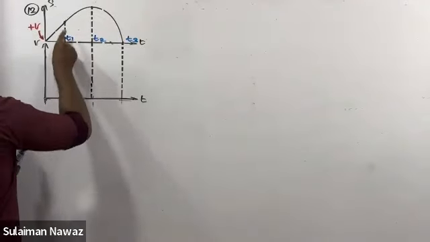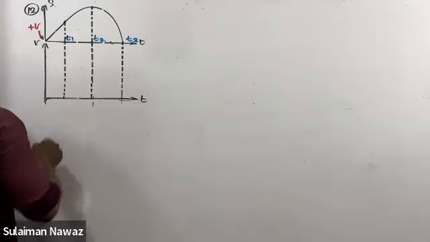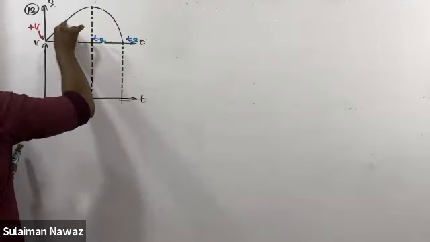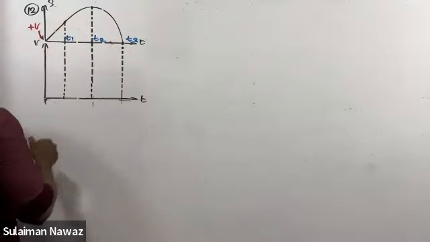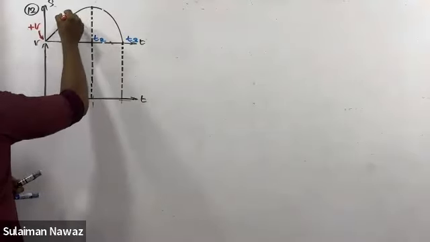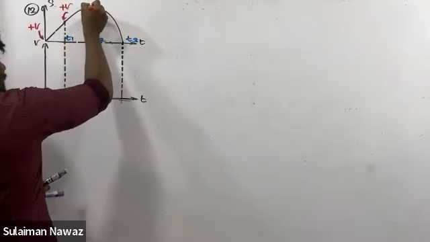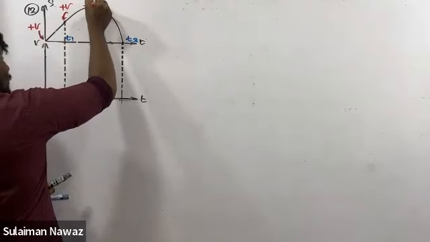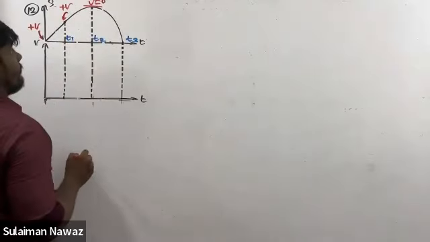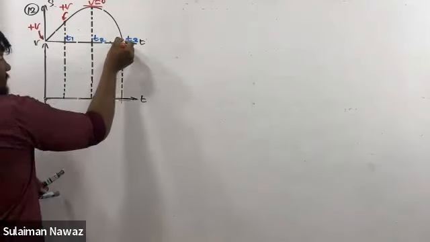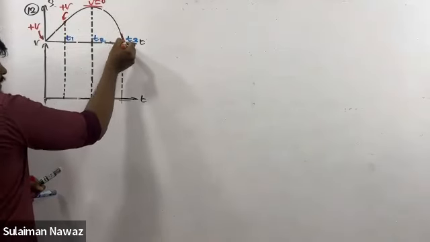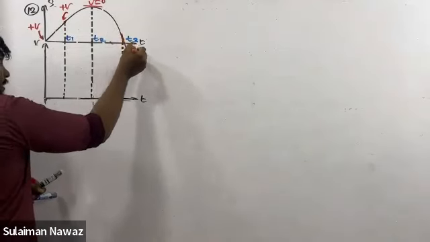When the time is t1, if I draw the tangent line at this point, there's an acute angle, so there's a positive velocity. At time t2, the tangent line is horizontal, velocity is 0. At time t3, the angle is obtuse, therefore negative velocity.